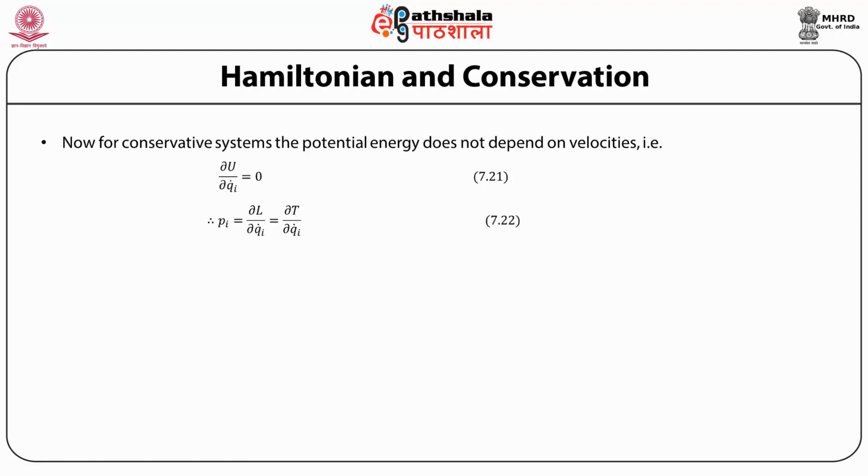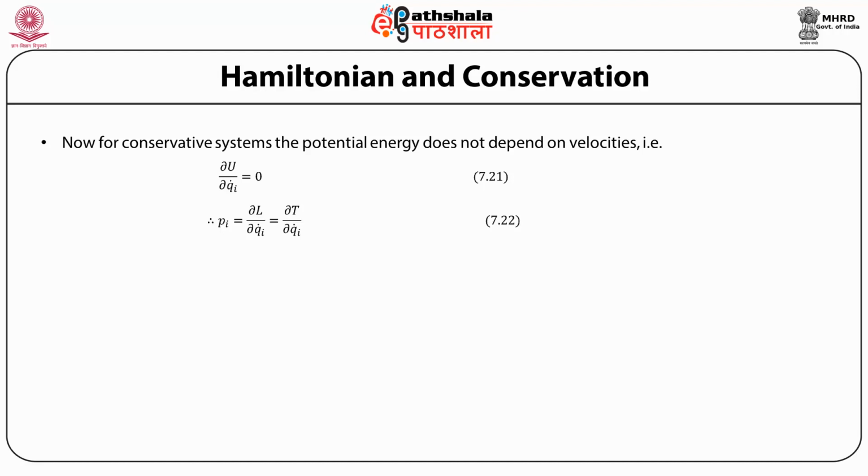Therefore, the momentum conjugate to the generalized velocity q_i, namely the conjugate momenta P_i, which is defined as dL by dq_i dot, depends only on the kinetic energy, which is a quadratic function of generalized velocities, and the potential energy does not depend on the velocities for a conservative system.